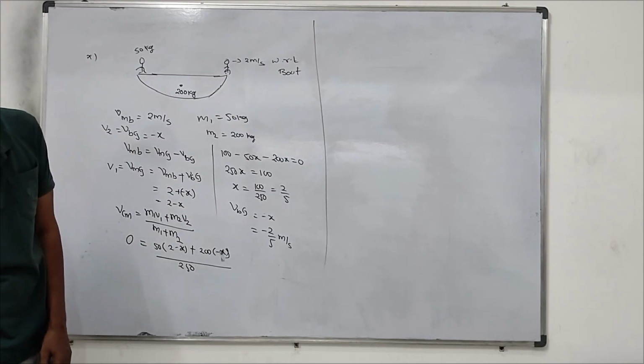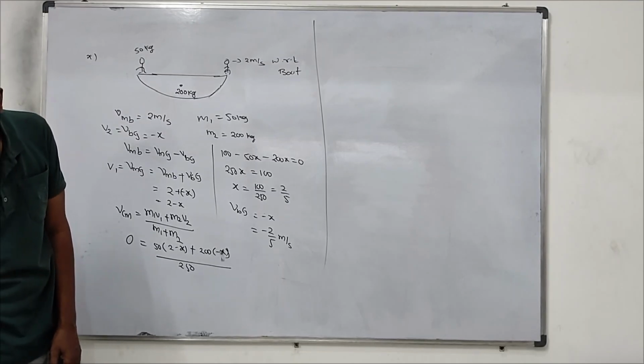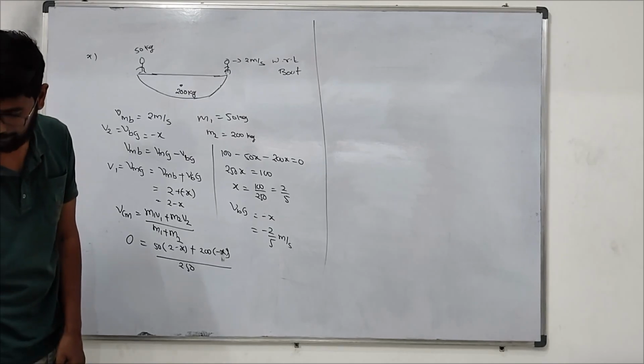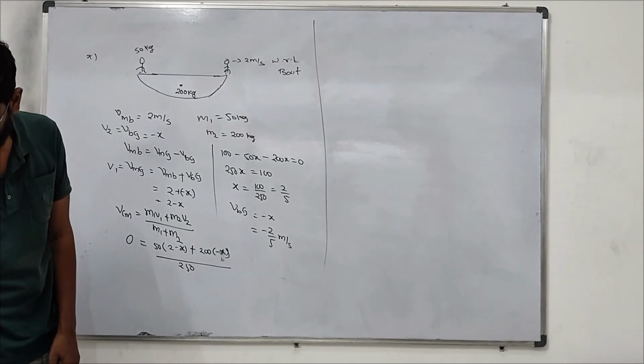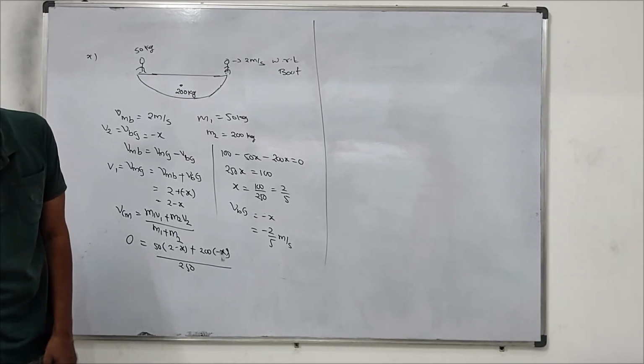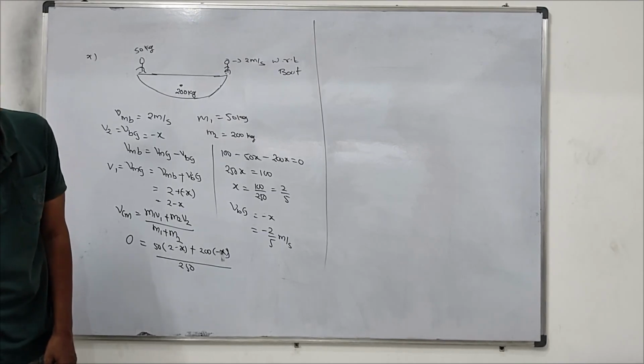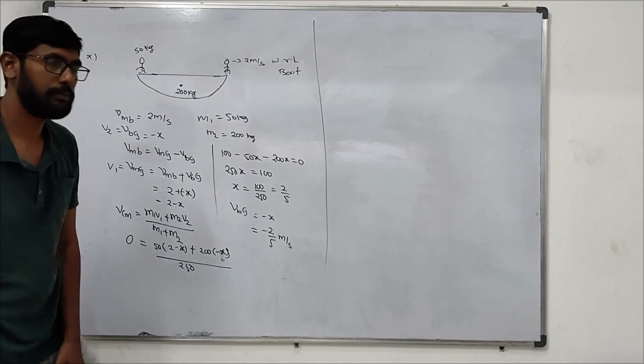So example 5, if you can see: a block of mass m is placed on top of a wedge of mass capital M, and the system is placed on a horizontal surface. The base length of the wedge is L, and all the surfaces are smooth. Find the displacement of the wedge by the time the block reaches the bottom of the wedge.